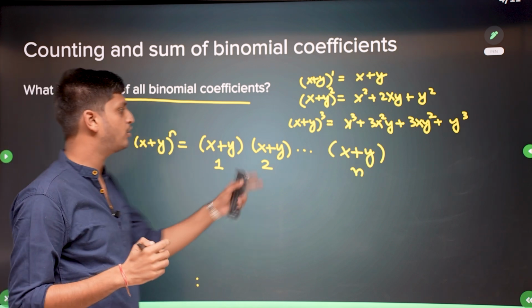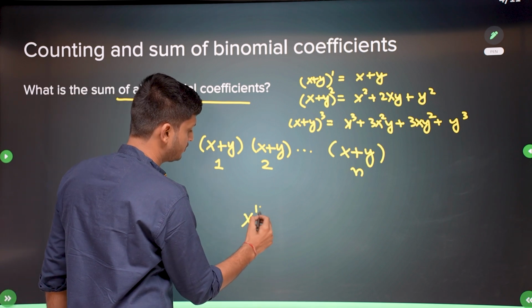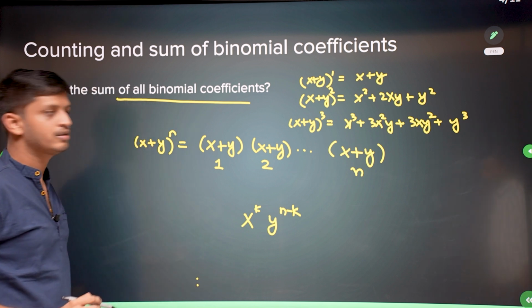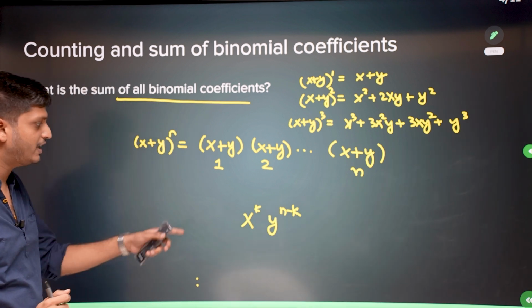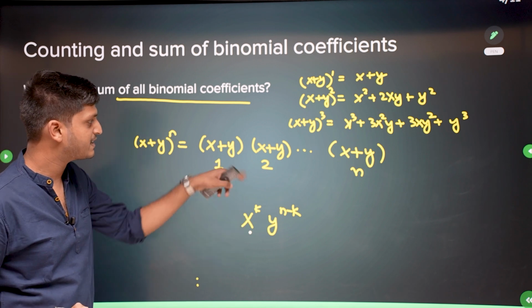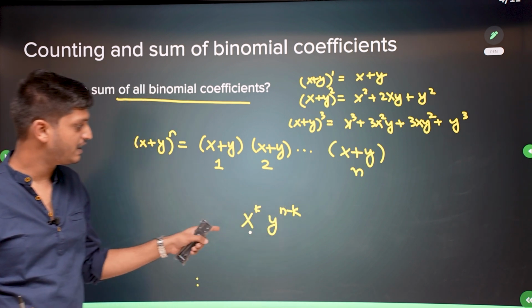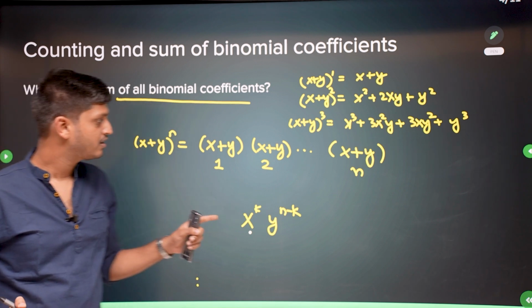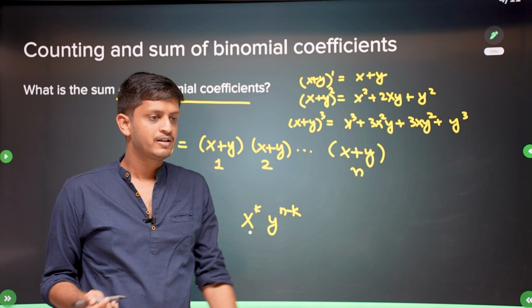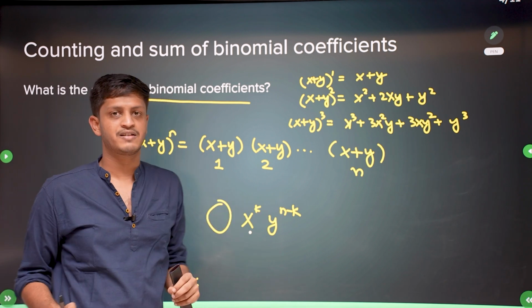And what is the sum of all coefficients? I told you the coefficient of any term. Let's say the term is x to the power k, y to the power n minus k. You are picking k x's and n minus k y's. So the coefficient of this term is the number of ways in which I can pick k x's and n minus k y's.